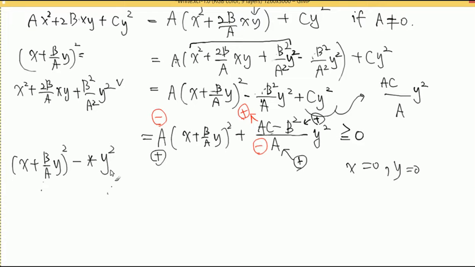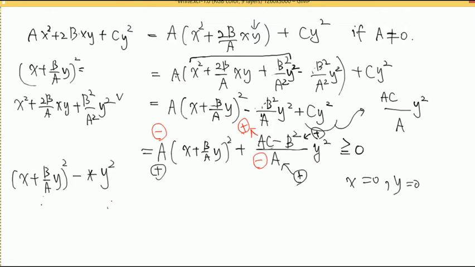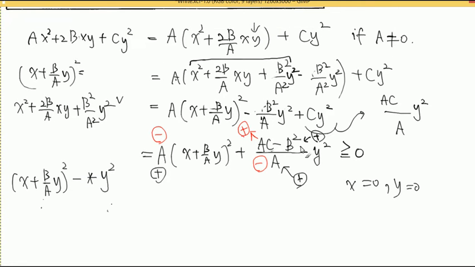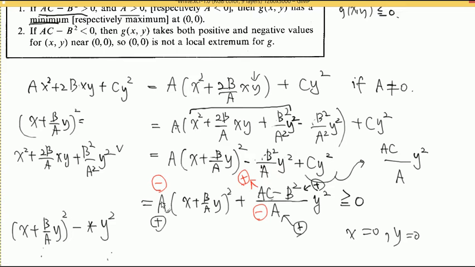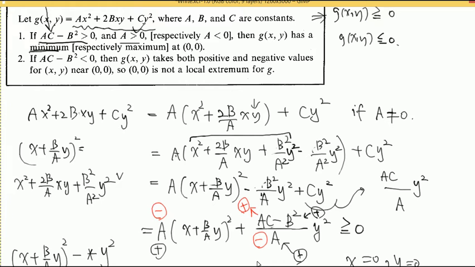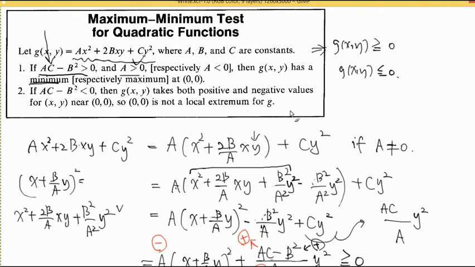For that one, sometimes it's positive and sometimes negative. Therefore, it does not have a maximum or minimum. So if that number remains negative, it keeps the coefficients of the first square and the second square opposite in sign. That keeps this shape essentially a hyperbolic paraboloid. Therefore, we conclude we do not have a maximum or minimum. Right? The logic makes sense?